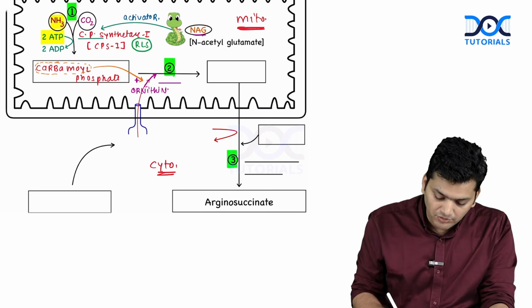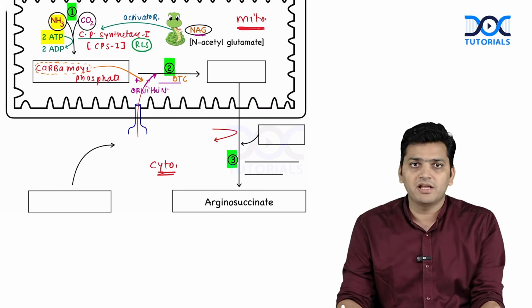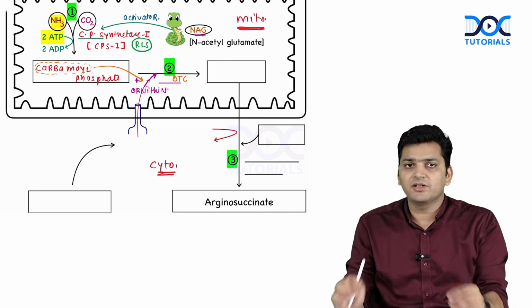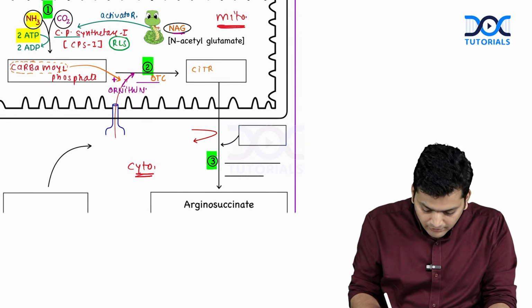I am writing the short form; the full form is written below. Once you transfer the carbamyl group onto the ornithine, the molecule you generate is called citrulline.